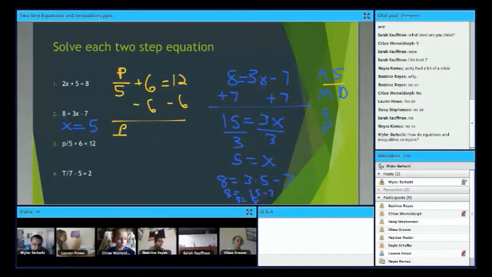So I get P divided by 5 equals 12 minus 6 is 6. So now to get rid of the divide by 5, I'm going to multiply by 5. So P equals 6 times 5 is 30.